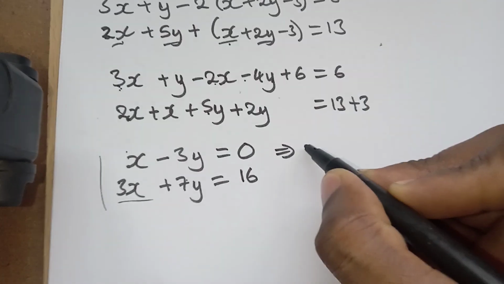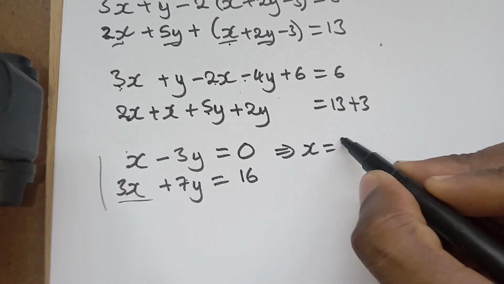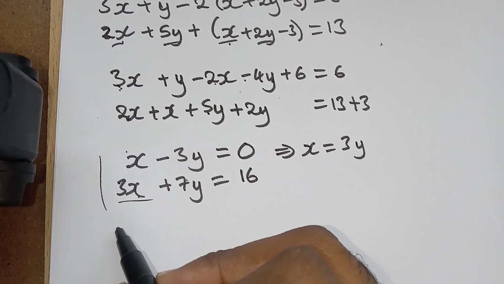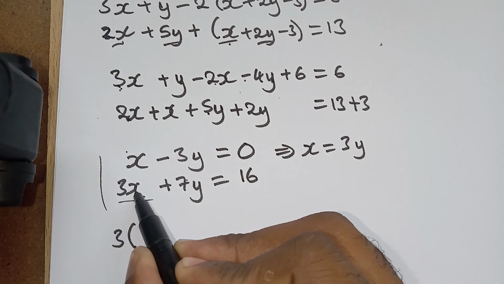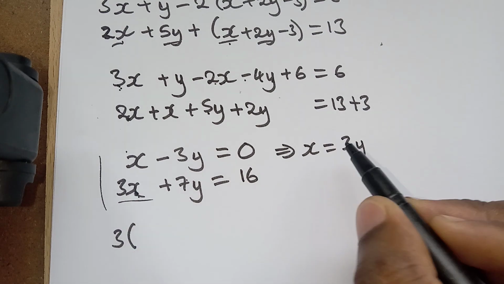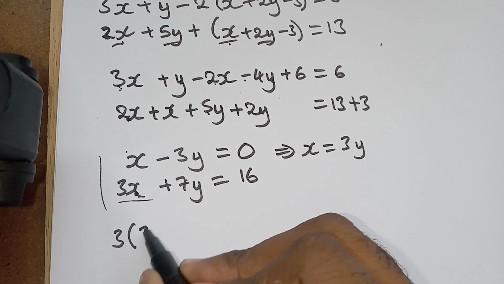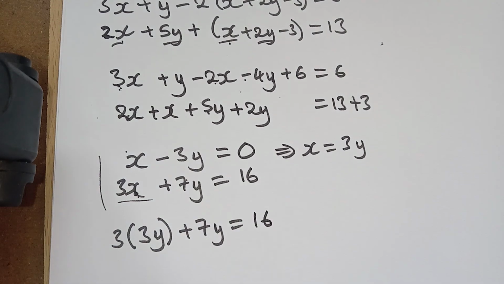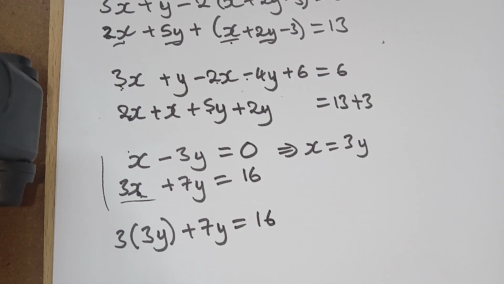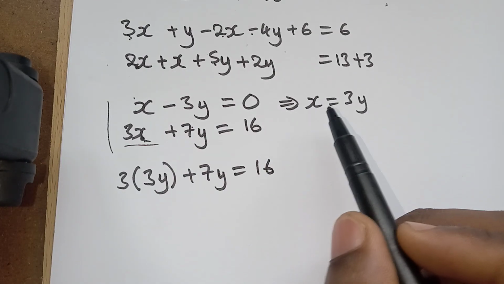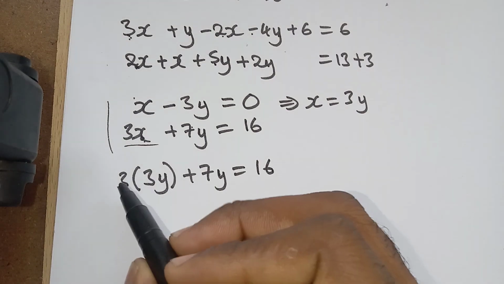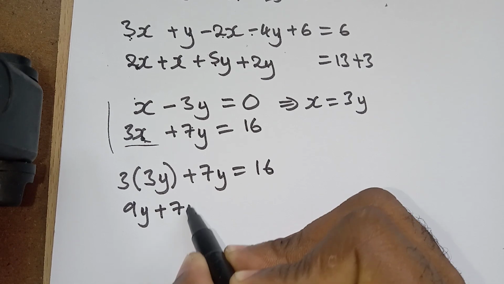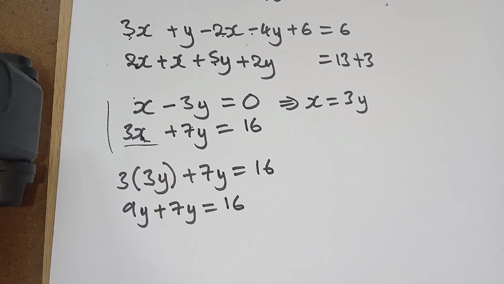When you make x the subject of the formula here, you have x is equal to 3y, which you can substitute in there. Instead of writing x in this equation, we know that x is equal to 3y. So you can have 3y plus 7y is equal to 16. I'll use both methods in case you didn't understand what I just did here. So this times this is 9y plus 7y is equal to 16.